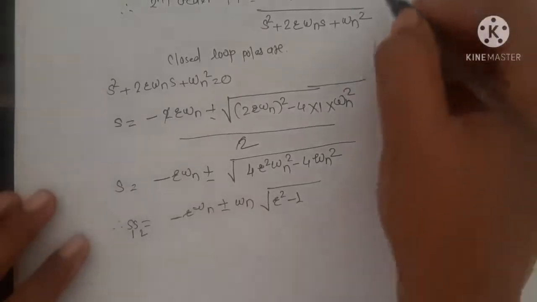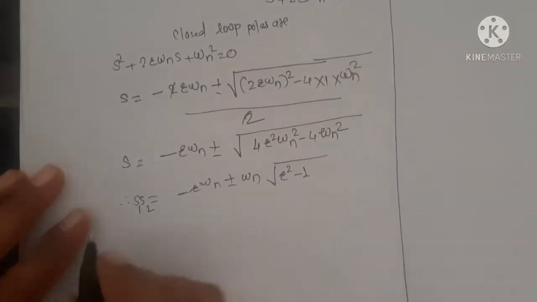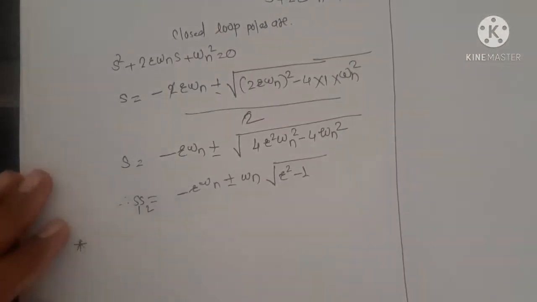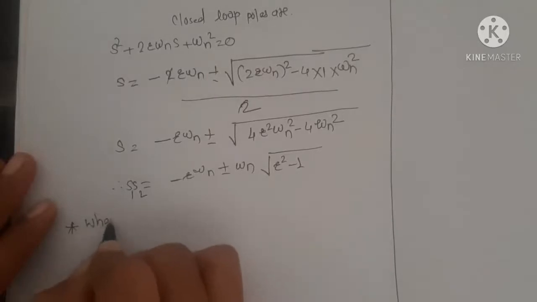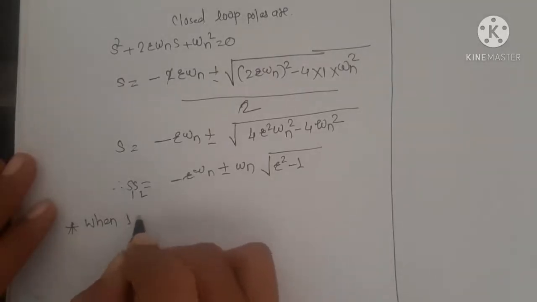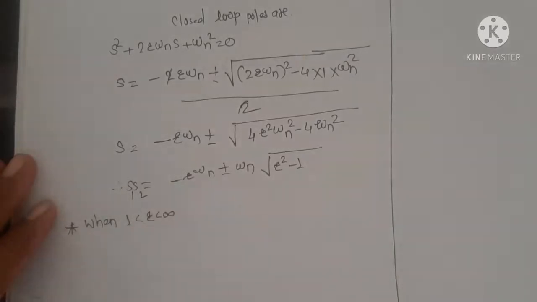So let's see the various values of damping factor and according to that the position of the poles. Let's take first when eta is greater than 1 but less than infinity. Simply put the value in the above formula.